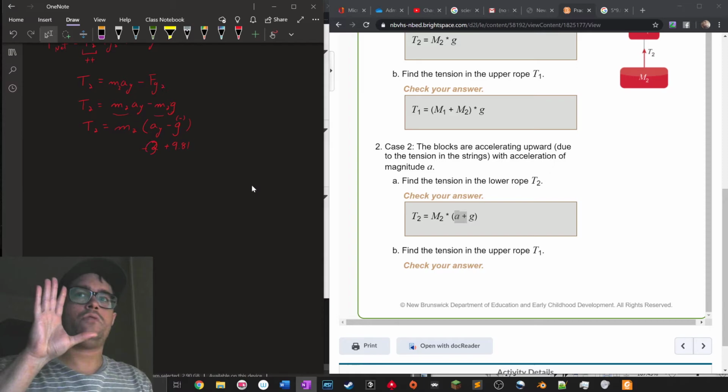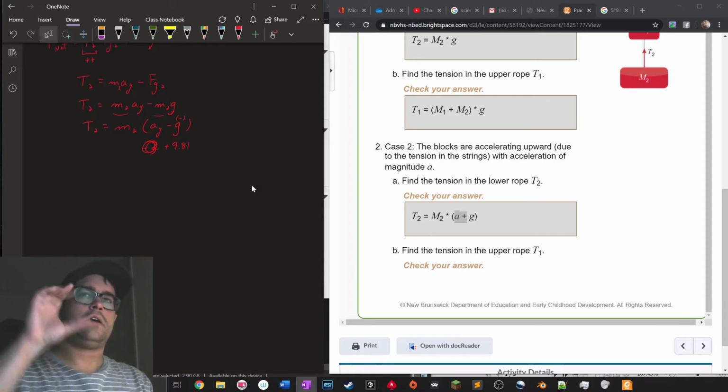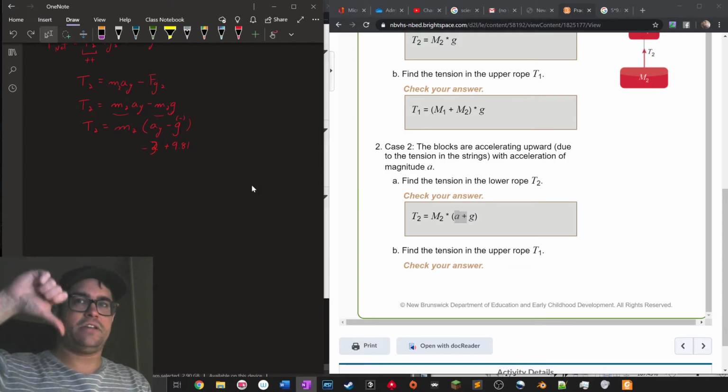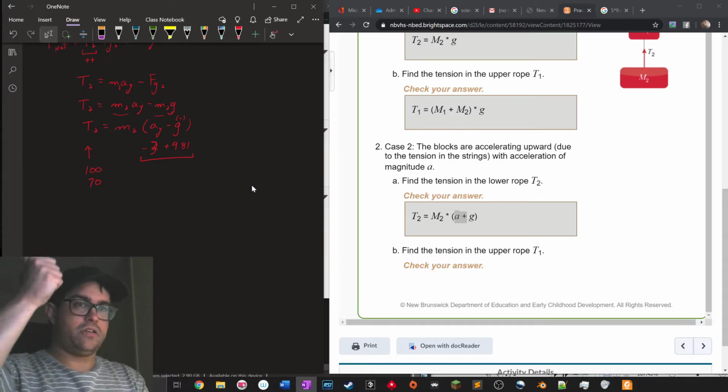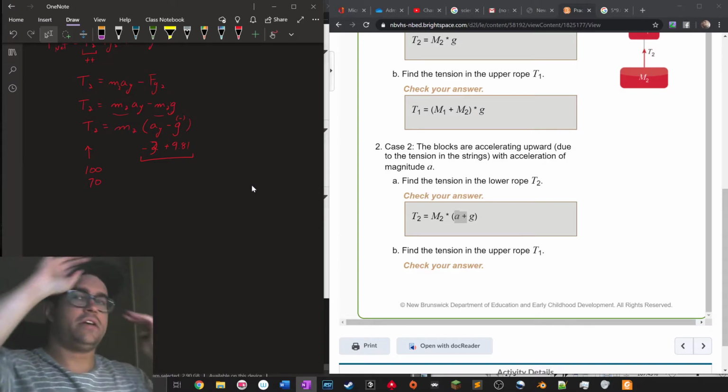If it's 0, there's forces but not accelerating. If it's minus 3, it means it's accelerating downwards. So this number is not what it used to be for the tension. There's a minus here, so maybe it's like 70. So that's what we've been seeing. If we lower the tension, we are actually letting it accelerate downward.